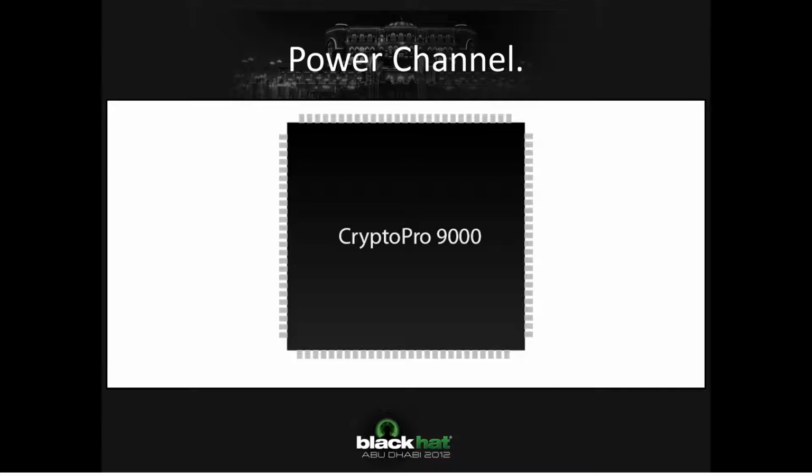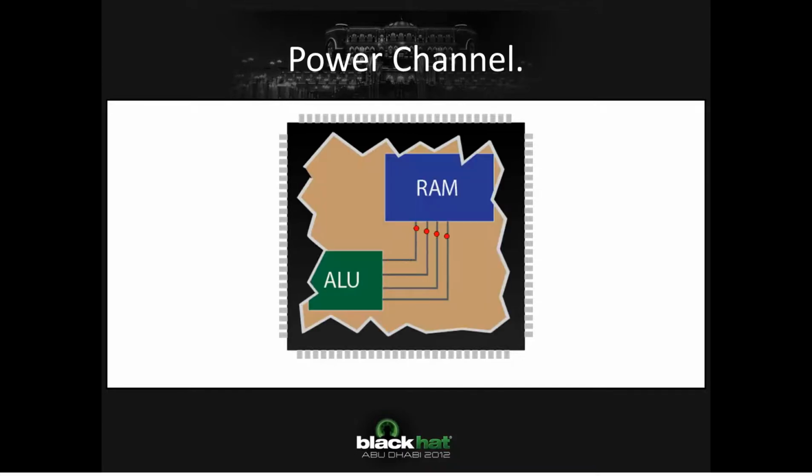So here's some random device, Crypto Pro 9000, world's most advanced 4-bit processor. We have a 4-bit machine, and when you look inside it, you'll have some memory connected to some other parts. In this case, the memory could be registers or RAM or even program code. What we're talking about is RAM, basically, so registers and so forth.